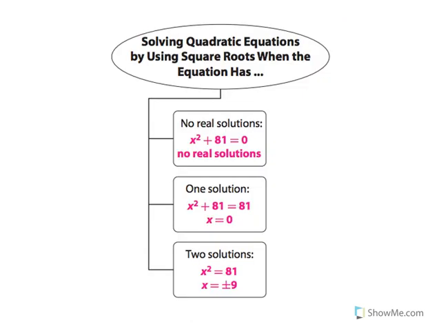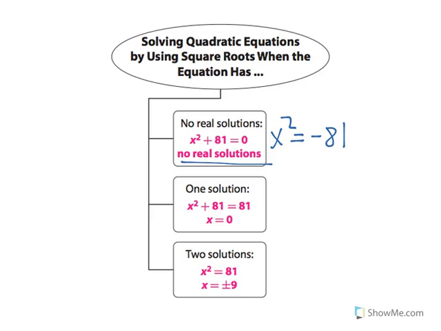Right, so that's the end of our notes for module 9.1. So this is the summary. Solving a quadratic equation by using square roots, when the equation has no real solution. This is because when you have x squared equal to negative 81, we see that there's no real solution.